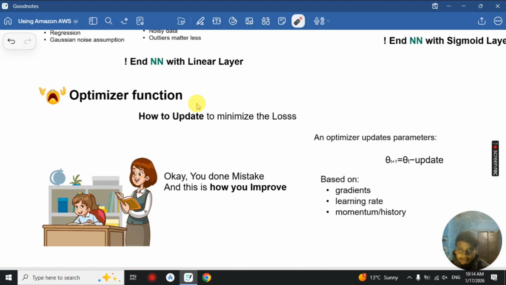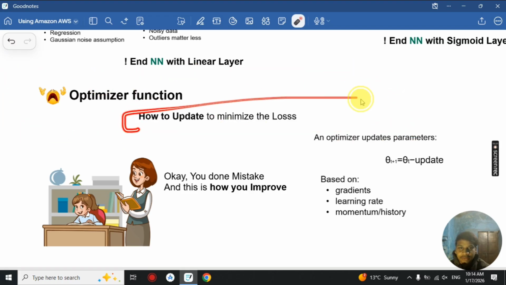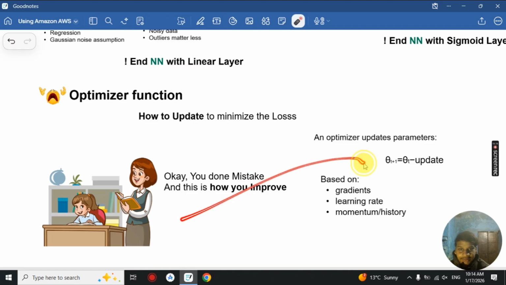Now coming to the optimizer function. Basically here the optimizer function tells how to update to minimize the loss. So here the child did an error and the optimizer function will tell how to improve it so you don't get that error next time.